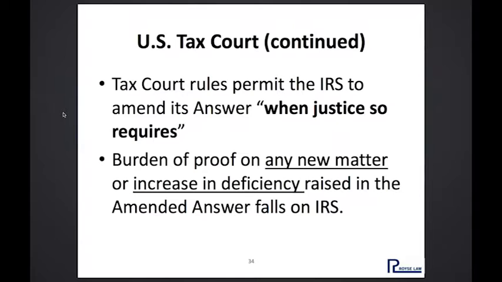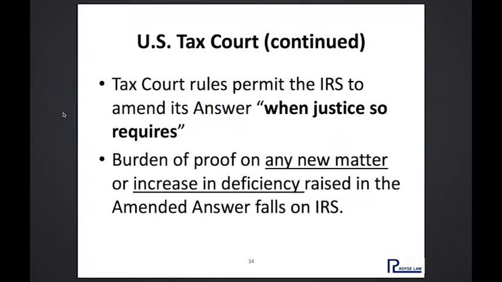All right, going back to the amended answer, the burden of proof on any new matter or increase in deficiency that is raised in the amended answer falls on the IRS. Now, this isn't as big a deal as it seems, though, because the standard is reasonableness, and that's a pretty low standard.